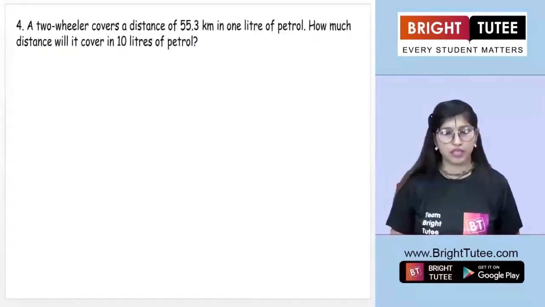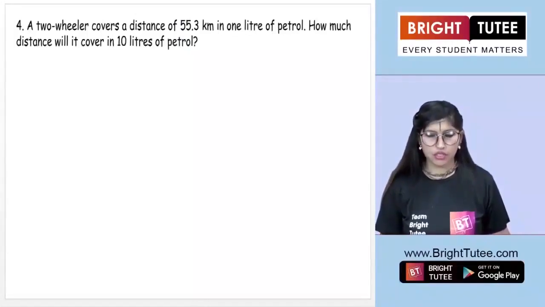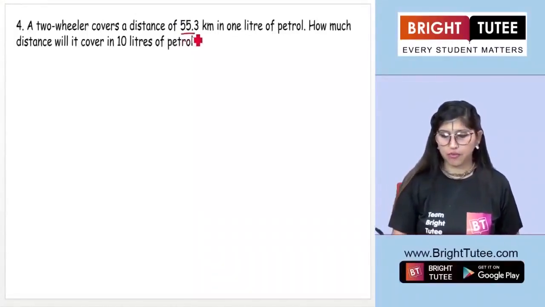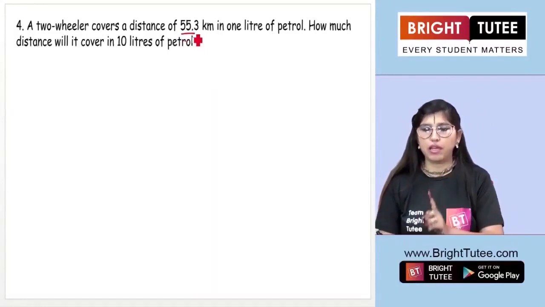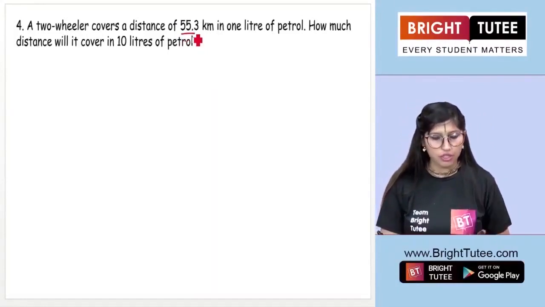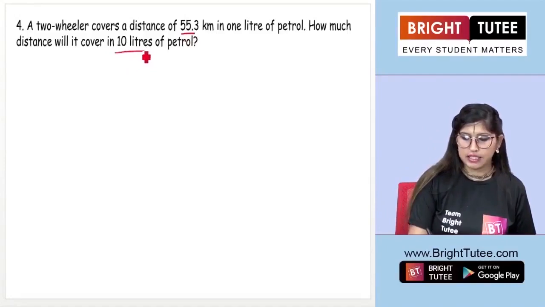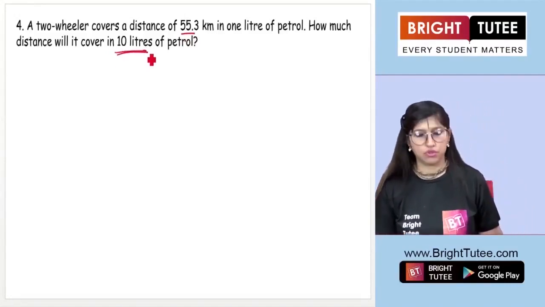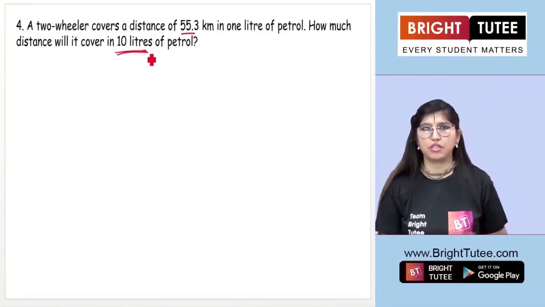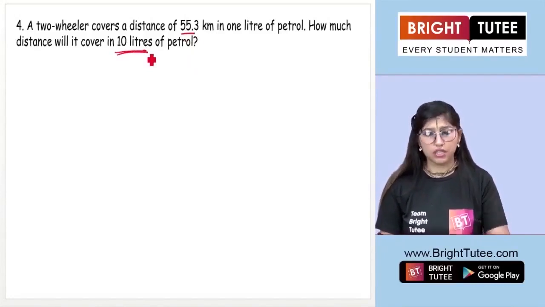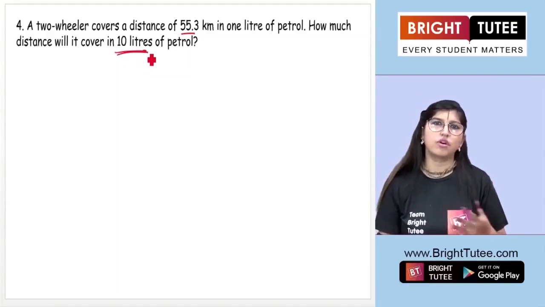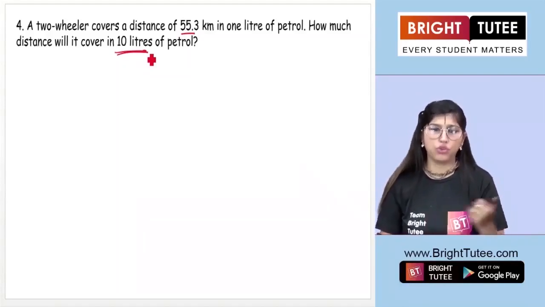Now the fourth question says that a two-wheeler covers a distance of 55.3 km in 1 liter of petrol. How much distance will it cover in 10 liters of petrol? So how do we start this question? Try this question at least once, so that you can refer to these videos for the answers which you wrote.